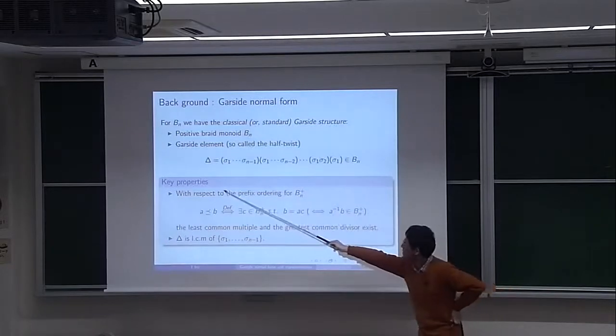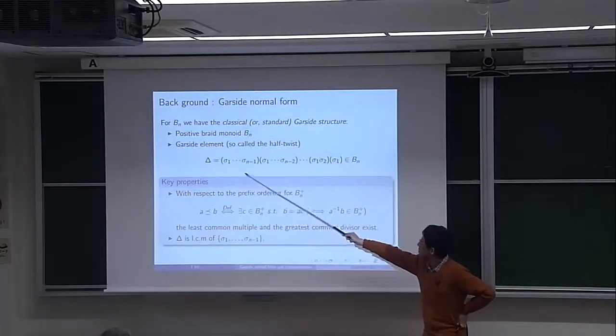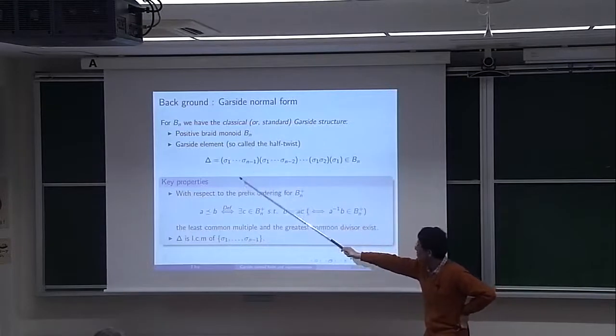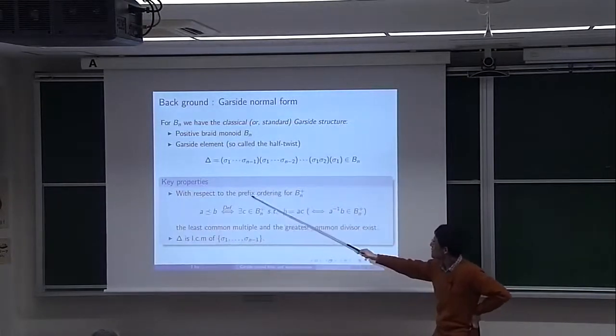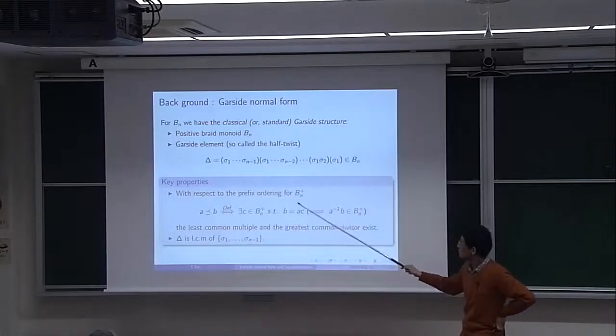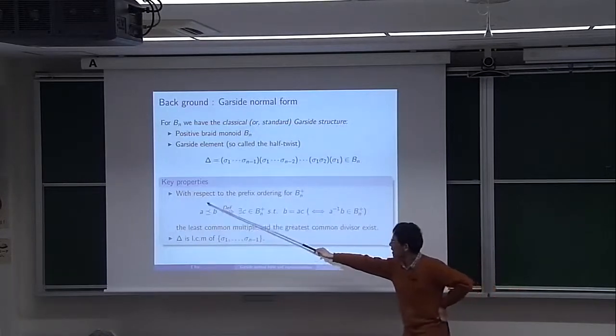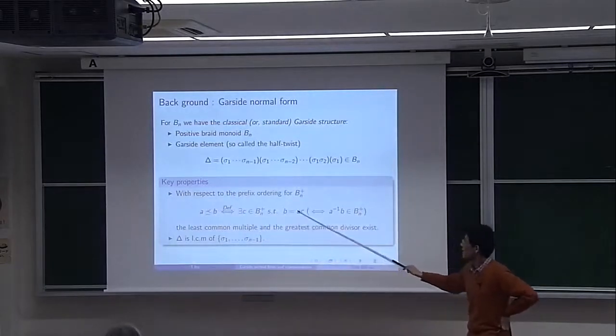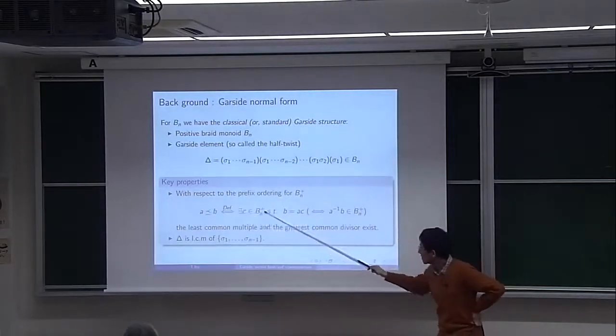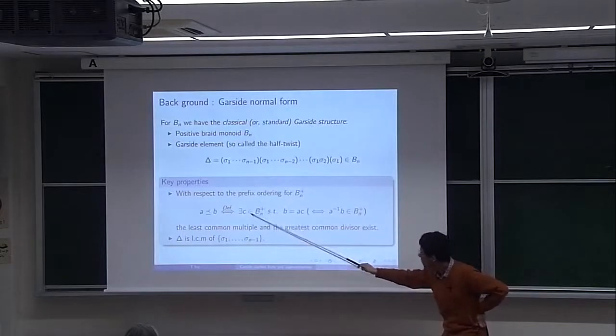Key properties, which are part of the axioms of Garside theory, the Garside structure, are the following. Let us consider the prefix ordering of positive braids defined by B is greater than A when B is of the form AC, where C is an element of the positive braid monoid.